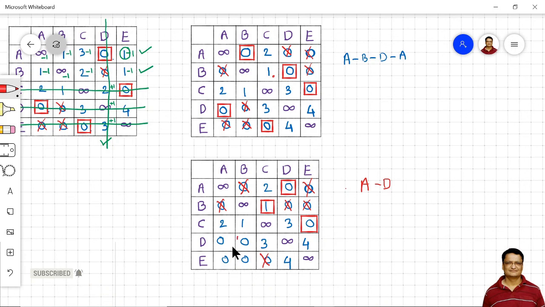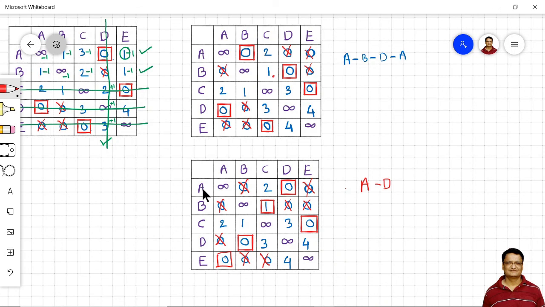So making allocation at this point, I will have to cross this out, and the only remaining 0 for allocation is at this point, and I have a complete allocation here. So there is a separate allocation in each row and there is at least one allocation in each column.